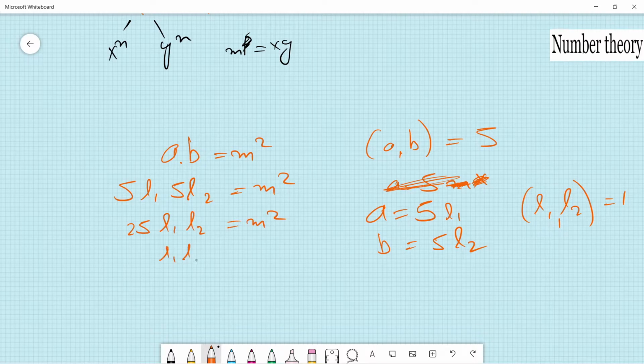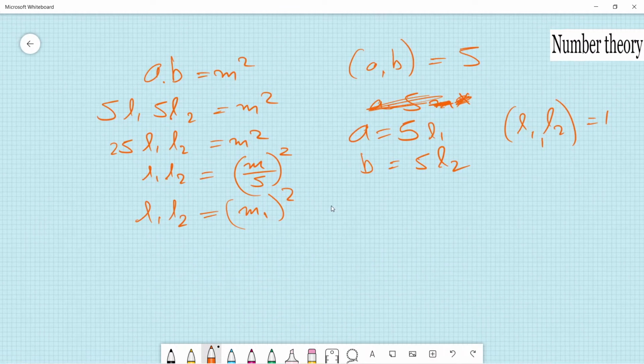And l1 l2 equals (m/5) squared. These two are integers, so this has to be an integer. So m divided by 5 will be some other integer. Let's call it m1. So l1 l2 is this. And since we know GCD of l1, l2 is 1, this equation then again reduces to the previous form.